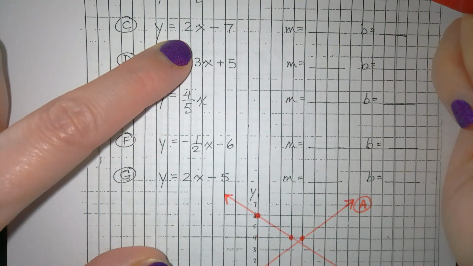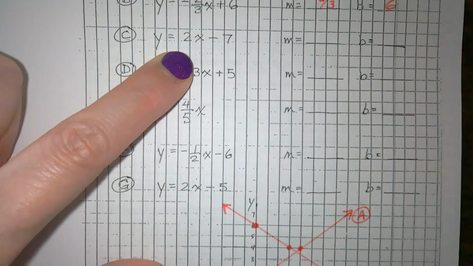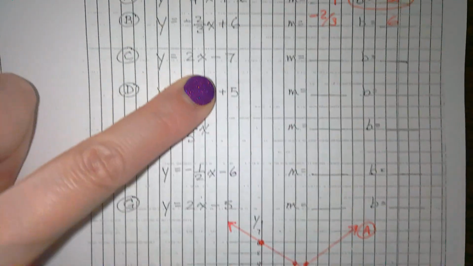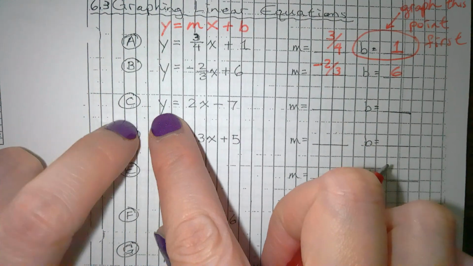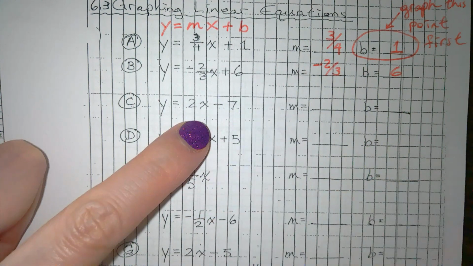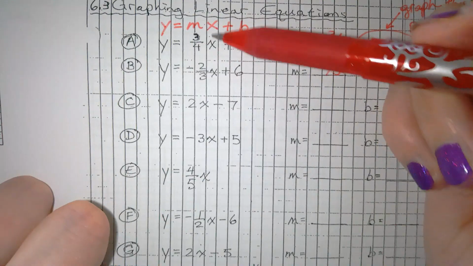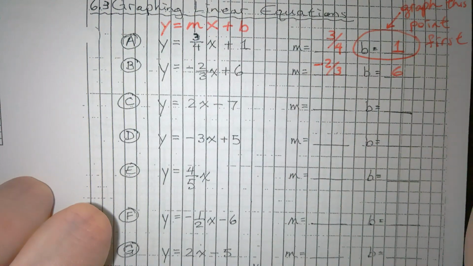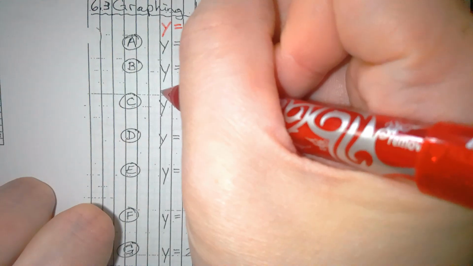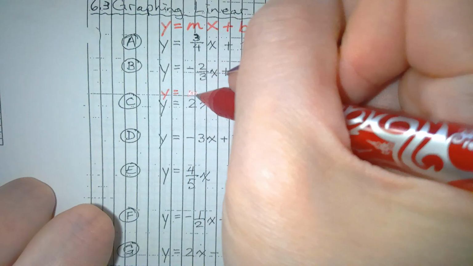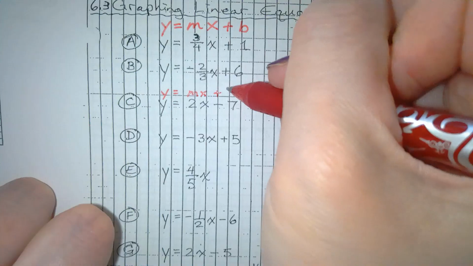Okay. Let's do one more. Y equals 2x minus 7. So Daniel, y equals mx plus b. What is m? If you just match it up. So y equals mx plus b, like this.